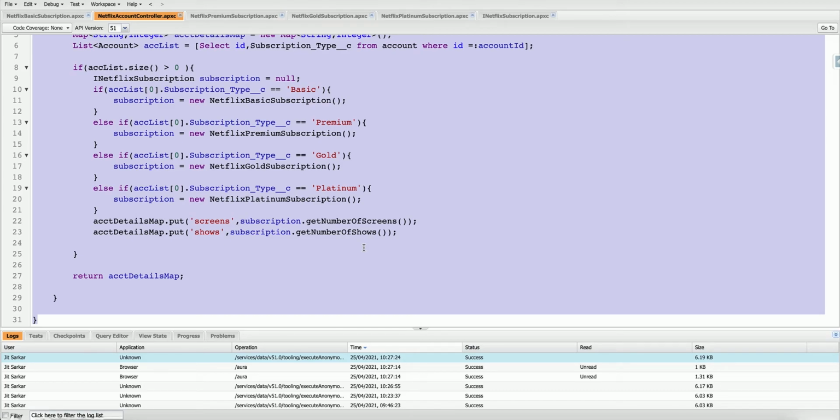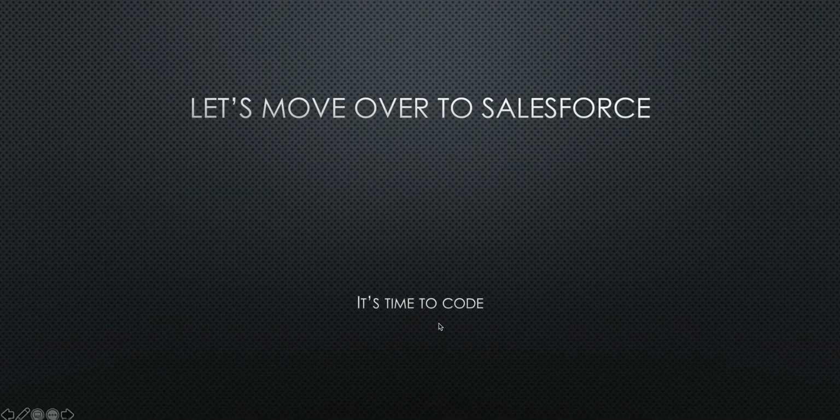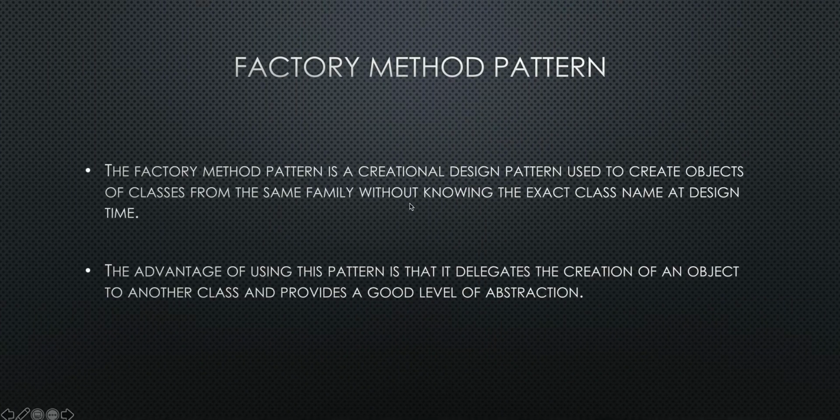So we have hidden the implementation logic. The implementation logic of this class is hidden. So this is a part that we had reflected over here. It delegates the creation of an object and provides a good level of abstraction.